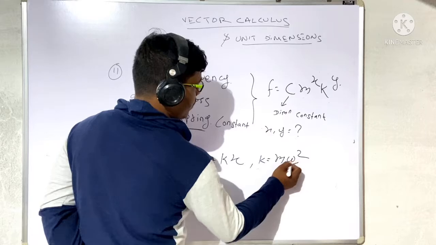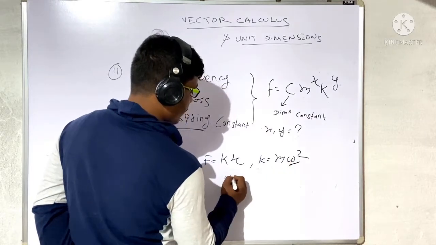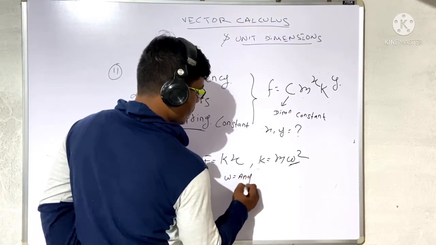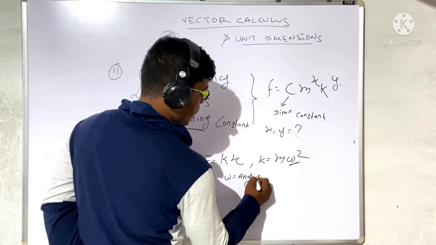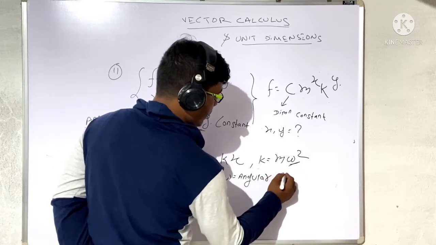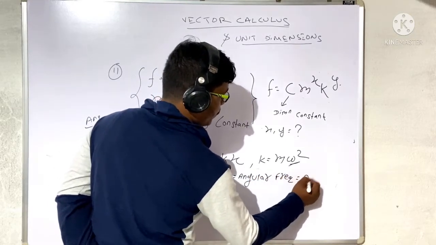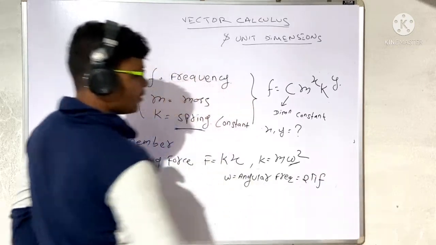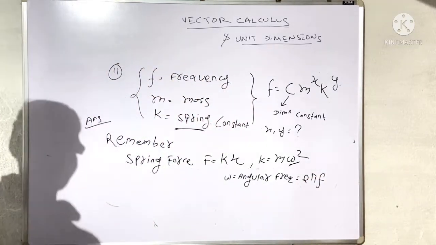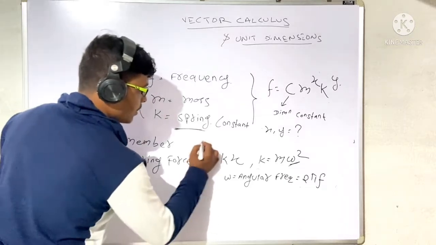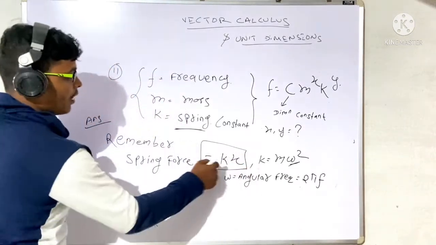What is omega? Omega is the angular frequency, equal to 2 pi f. What is k?